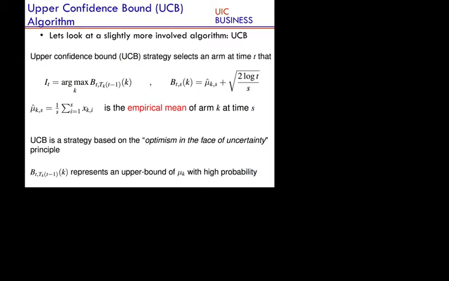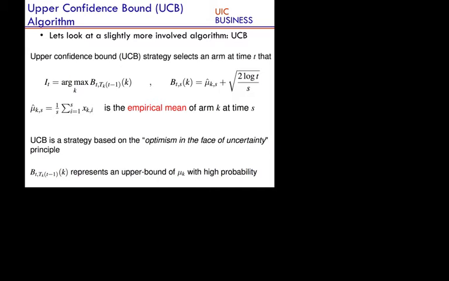Basically, it's a similar incentivization to the previous thing, right? If the arm has not been tried much, this term is going to be high compared to some other arm which has been tried a lot, because there it's the same numerator but the denominator is huge. So the combined effect is that the bonus is high, so that you try that arm because it has not been tried much.